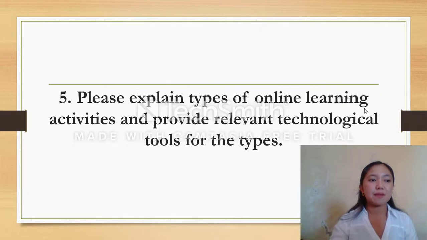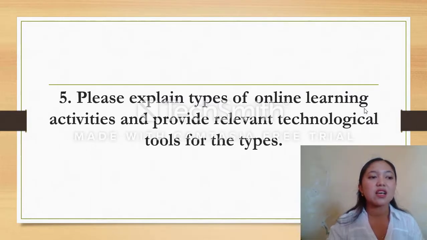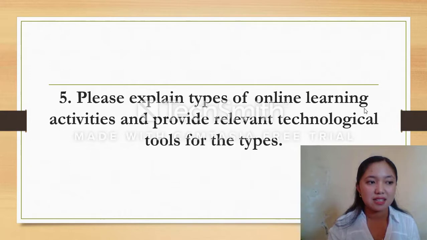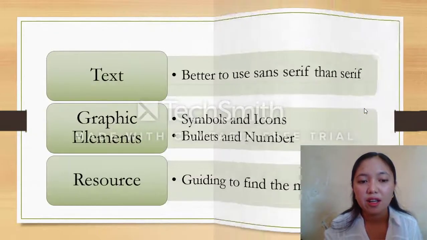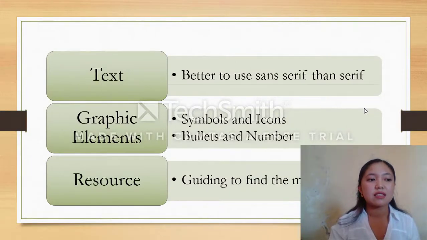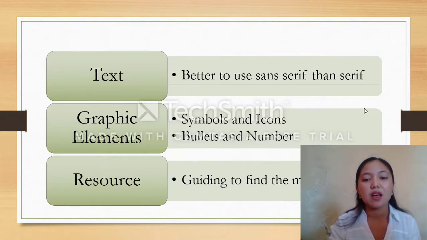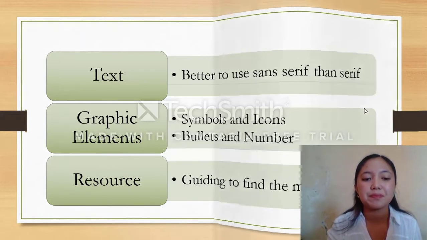And the next is graphic elements, which are symbols and icons to signal the standard. The bullets and numbers in a series are set upon items that can be listed. And resources are very useful for learners to help them find some material.